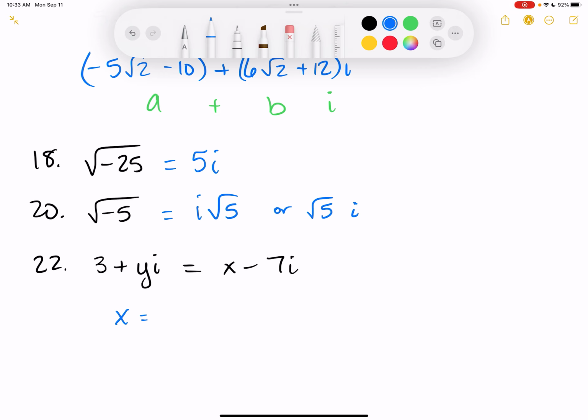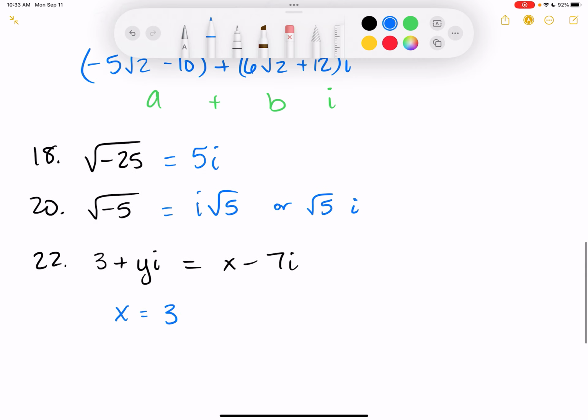These would be exactly matched up. 3, so like 3 minus 7i. So 3, yep, x is by itself. And then y would be -7, because this was positive over here and it's negative, so this would be -7.